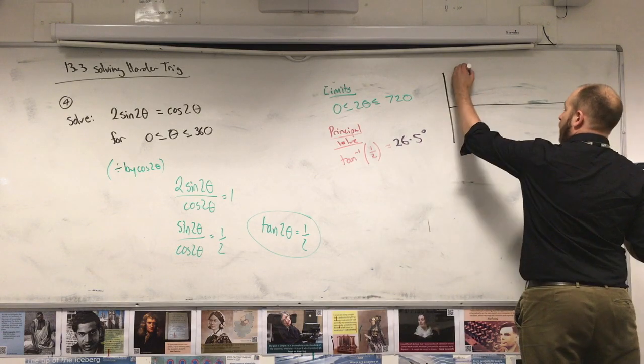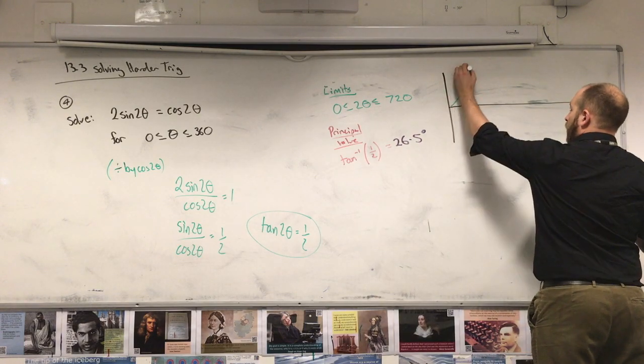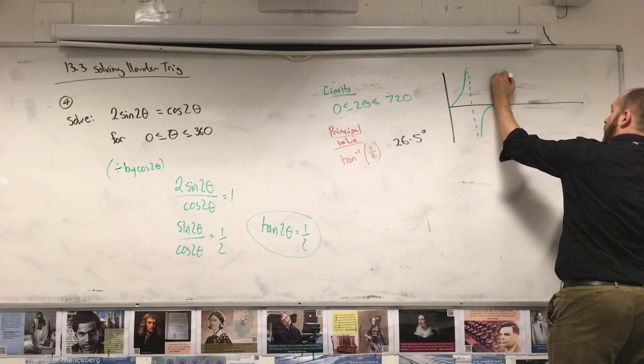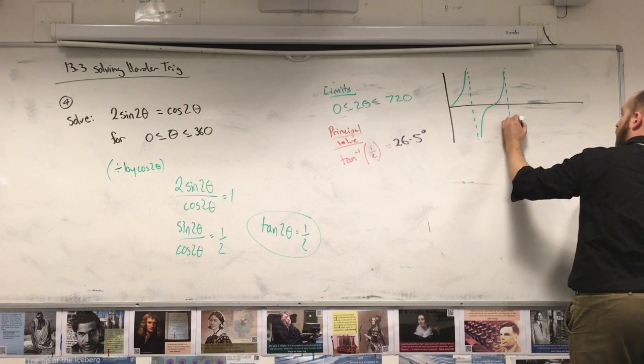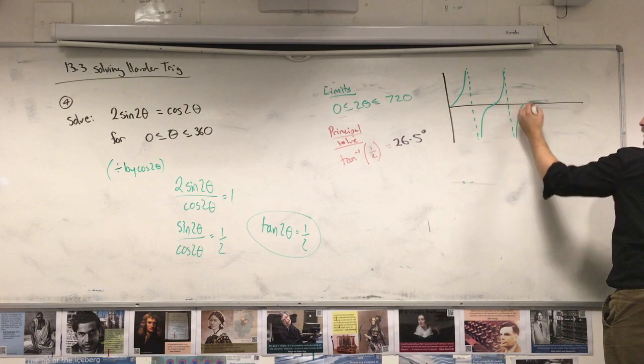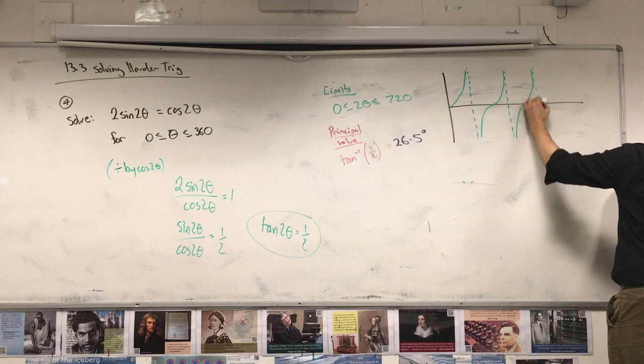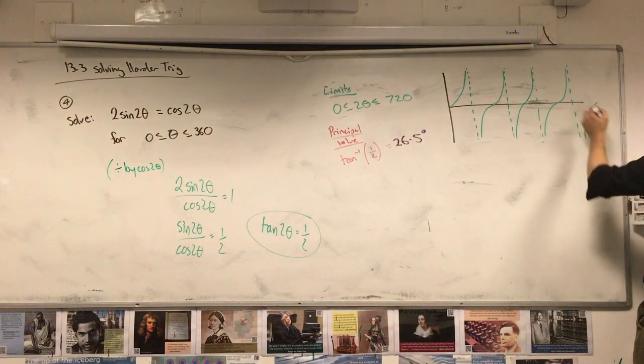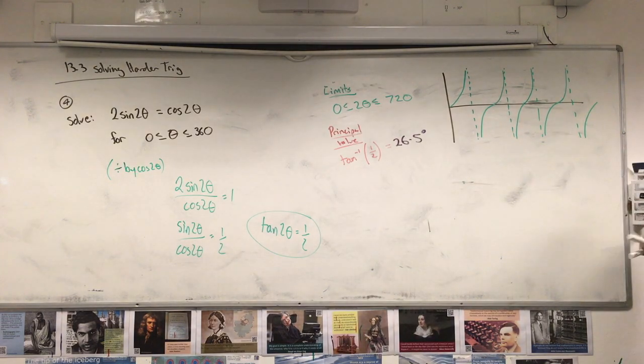So sketch tan. 360, so we need to do that much again. And that's going to be up to 720. So it's a good idea to try and fill everything in.